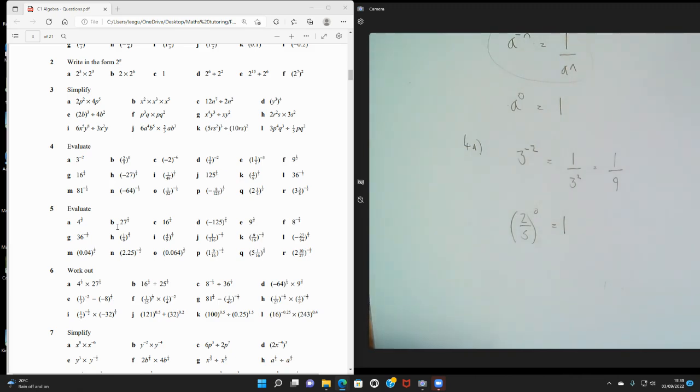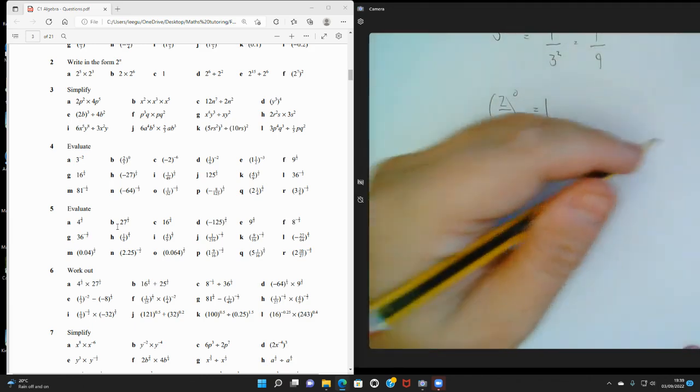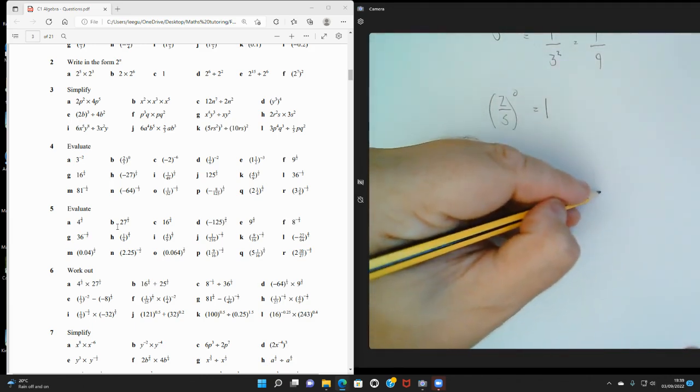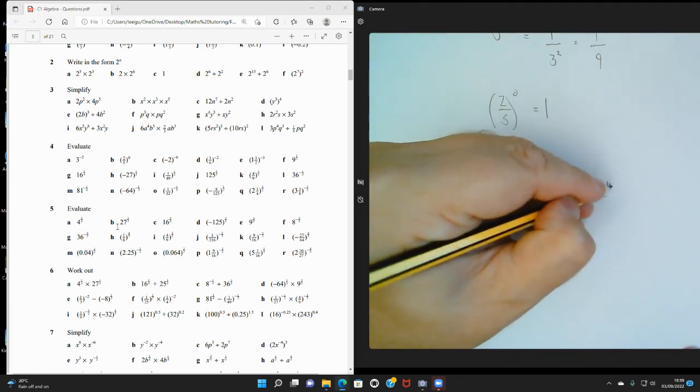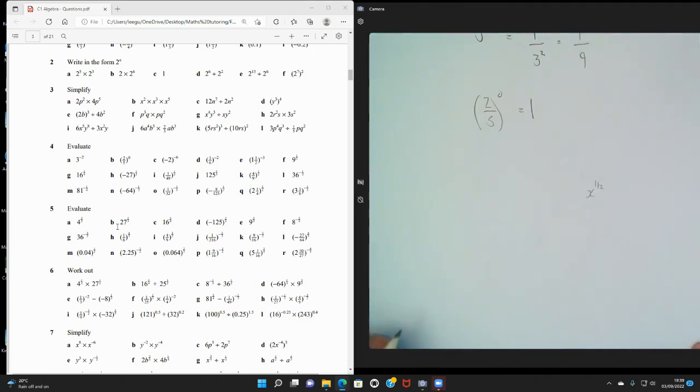Now, the next thing that I would want to think about is what is the meaning of something to the power of a half, and something to the power of a quarter, and something to the power of a third. So let's have a look at that. So let's say I've got, for example, x to the power of a half. What is the meaning of that?